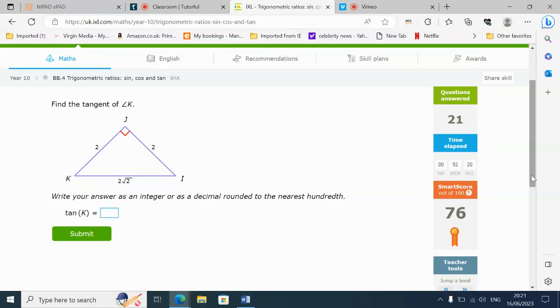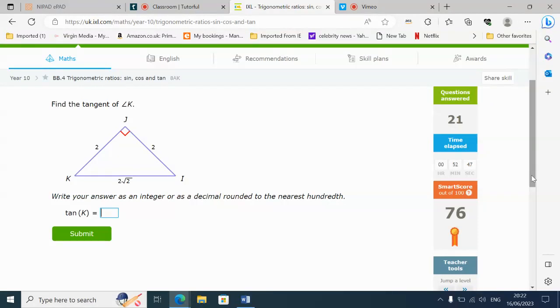So opposite is 2. So IJ and KJ. So 2 over 2. IJ is the opposite, and then the adjacent is KJ, which is 2.